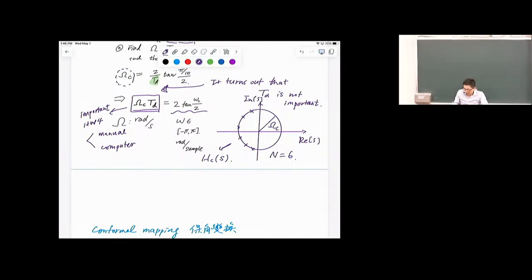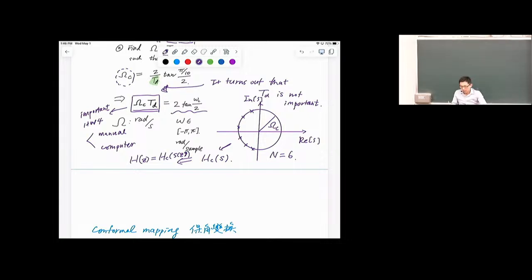And then finish your design through this bilinear transformation. So that's your design flow. First we begin with a spec, right?